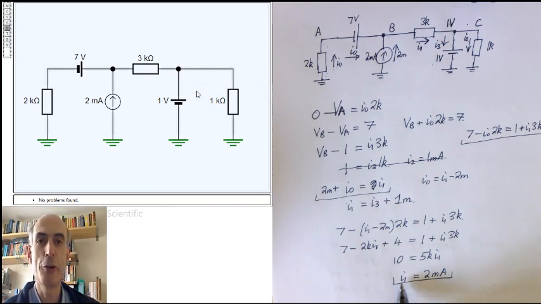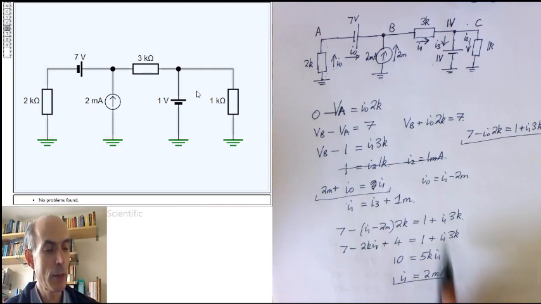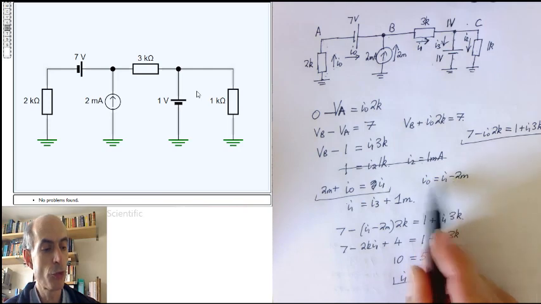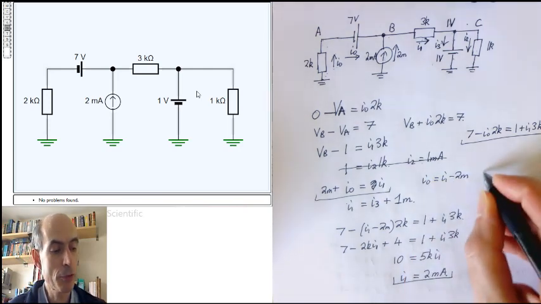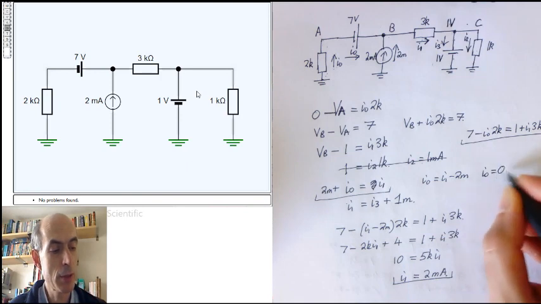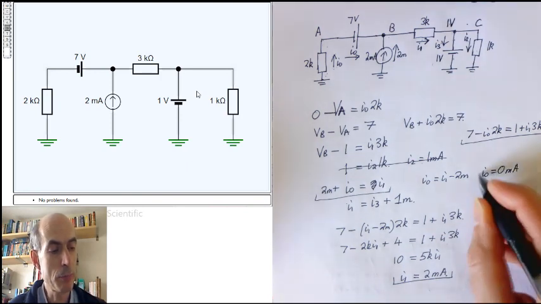Once we've got one unknown variable, we can substitute in and find all of the others. I1 equals 2 milliamps here, so that would mean that I0 was 0. A little bit surprising perhaps, but that is what the maths is telling us. I0, 0 milliamps.